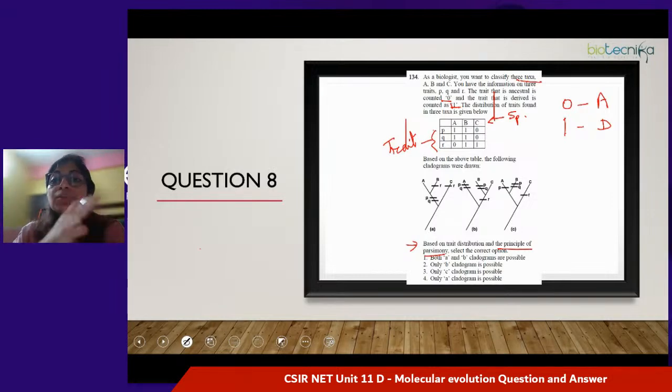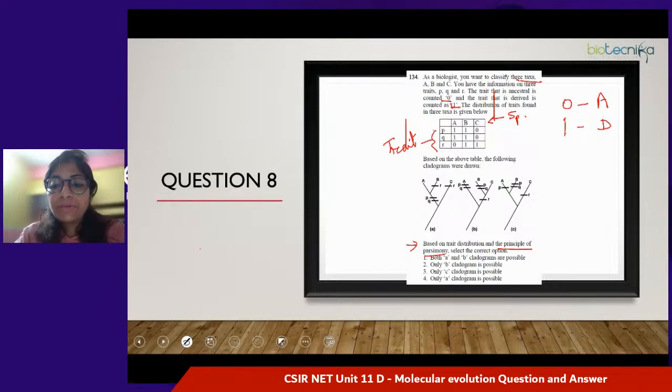So first of all, it should be consistent with the facts that are given or that have been found by us. And second, it should follow the principle of maximum parsimony. Now, according to principle of maximum parsimony, what does it mean? That a tree showing least number of evolutionary events will be most preferred.